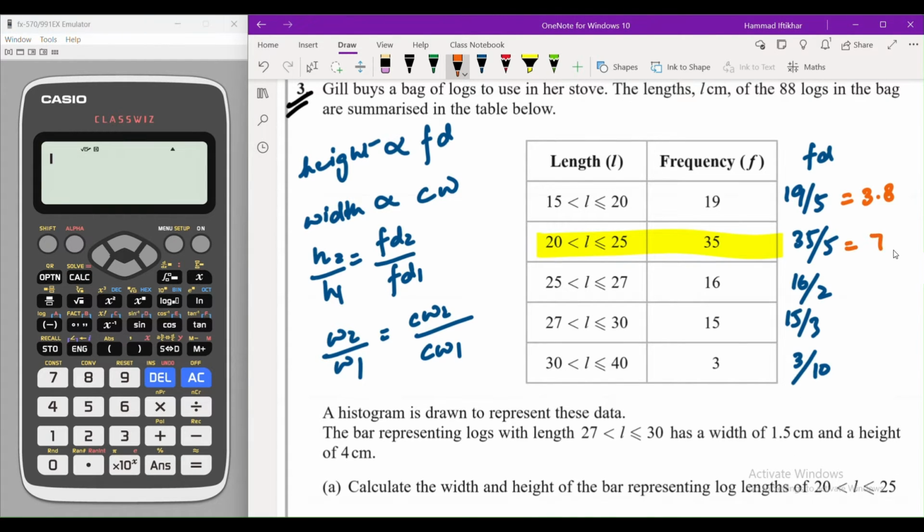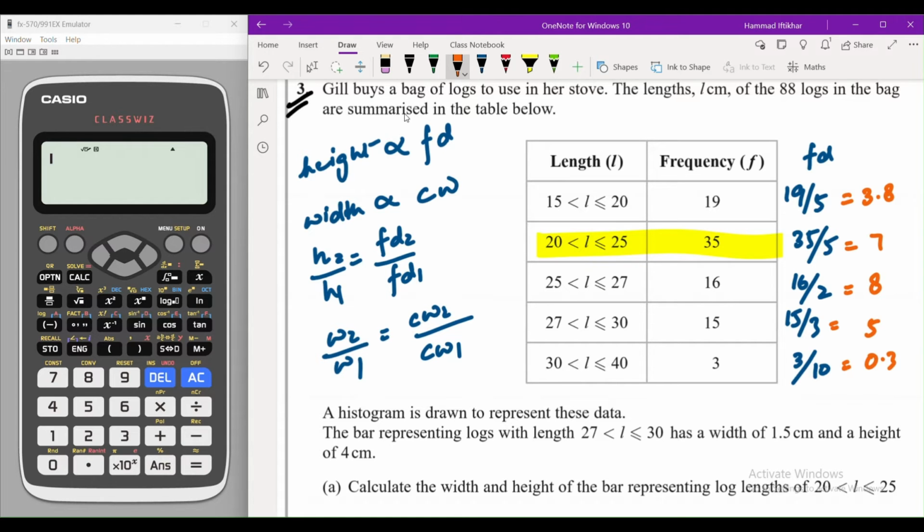That is 7. That is 8, 5, and that is 0.3. Right, okay, so now we know the frequency densities.